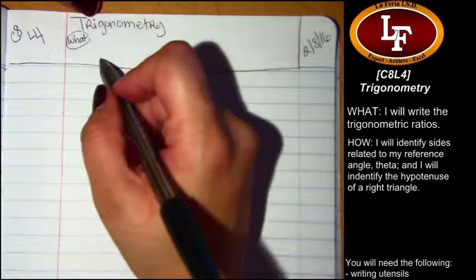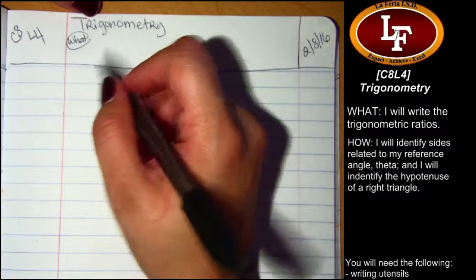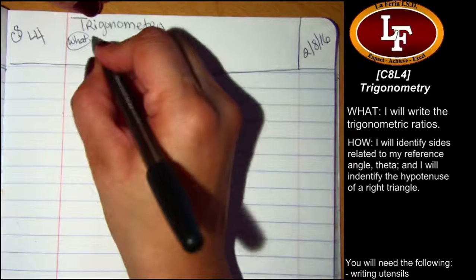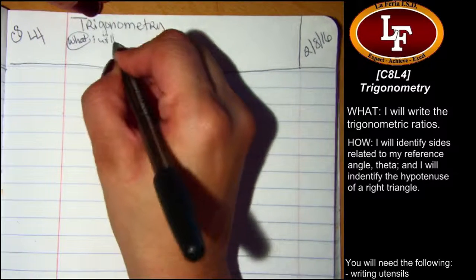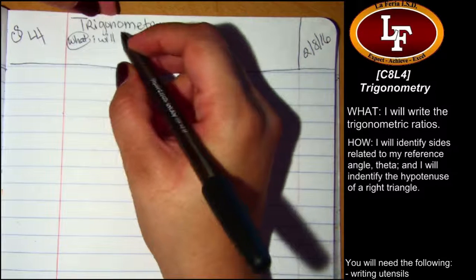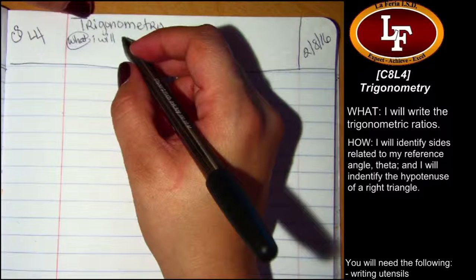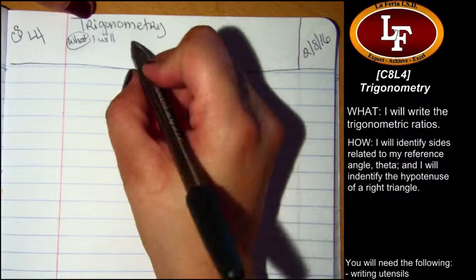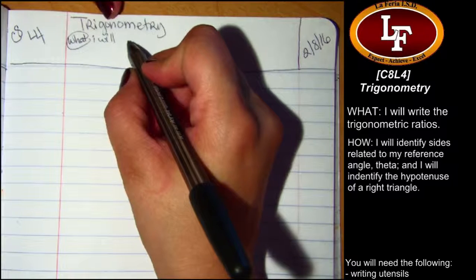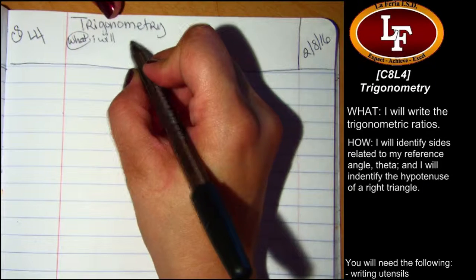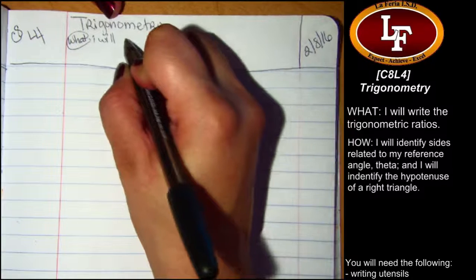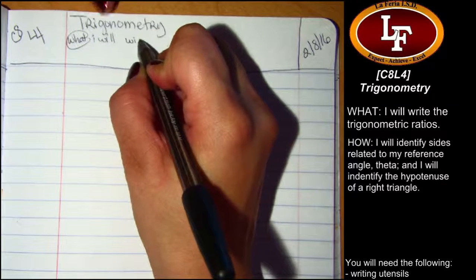This word part at the very start of the word, tri, stands for 3. And then this word part right after it, G-O-N, gon, stands for sides. So we have 3 sides.